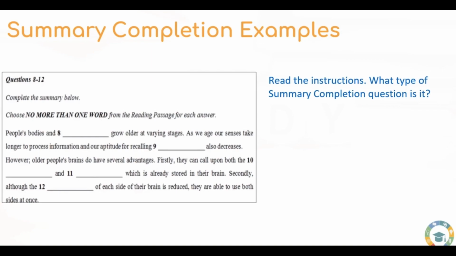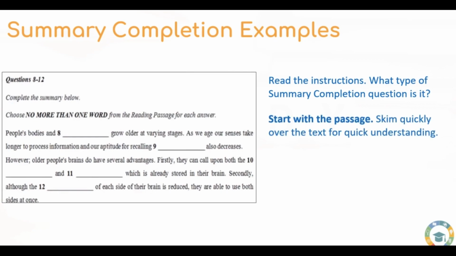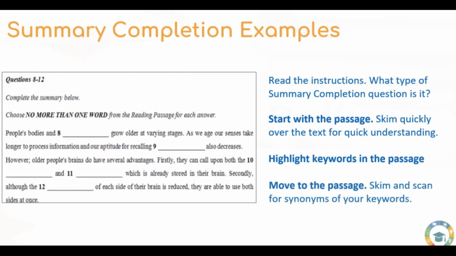We don't have a suggested answer box. Start with the passage. Skim quickly over the text to give an overall understanding of the summary. Highlight key words in the passage. Then move back to the passage and skim and scan for synonyms of your key words.